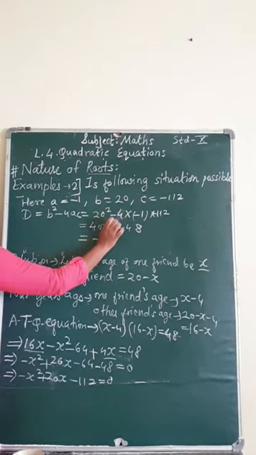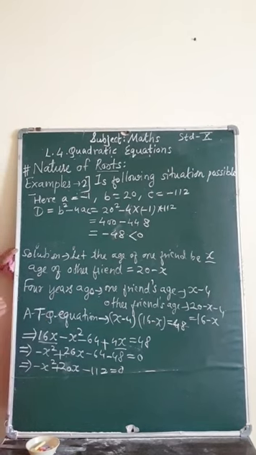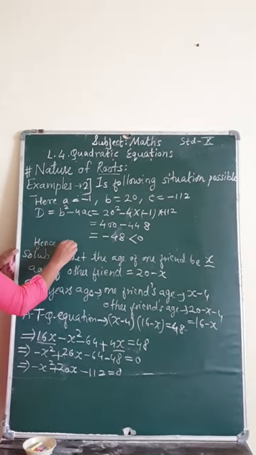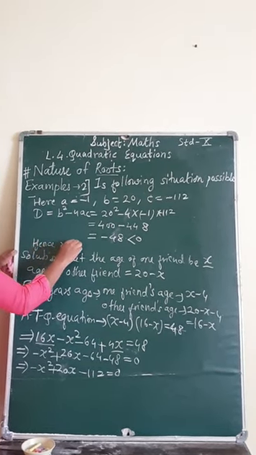Now the discriminant is smaller than 0, and hence the roots are not real, and if they are not real we cannot find a solution.